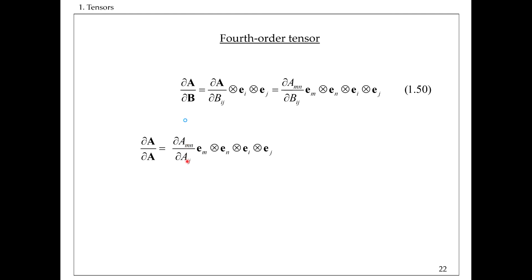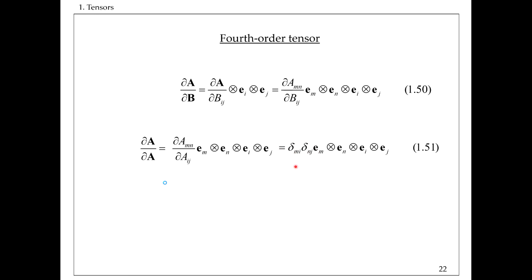So we will have delta_mi, but we also need to make sure that n and j are matching. So we'll have another delta that says when n is equal to j, multiply it by 1, right? And as a result, we have this multiplication of two deltas, delta_mi and delta_nj.